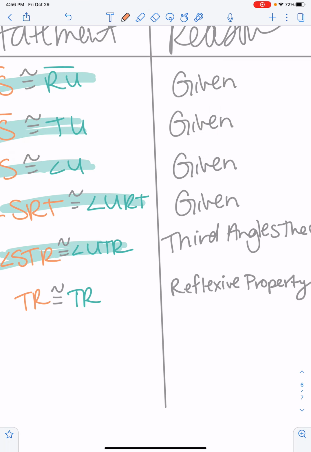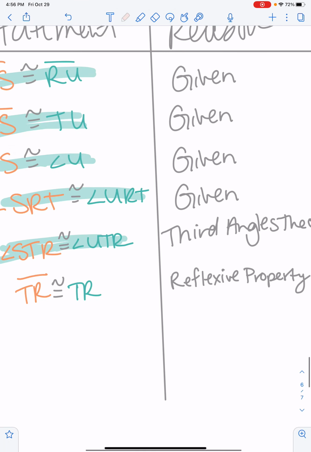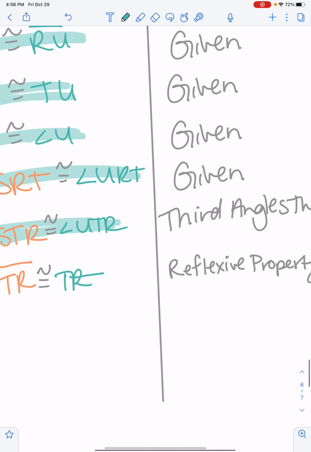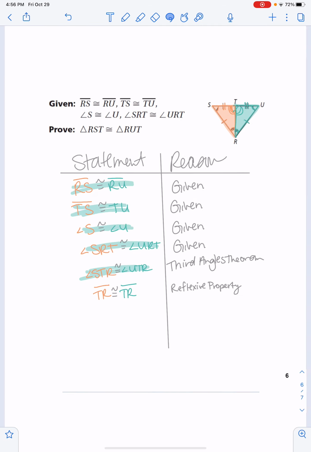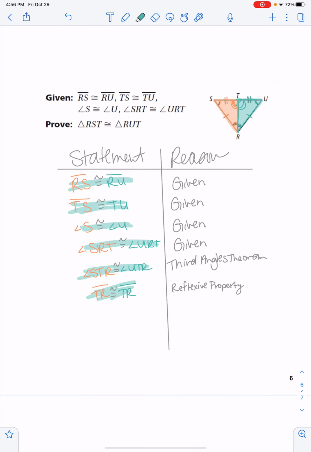So we've got this one and this one. And then we have all 6 things. We have 3 sides and 3 angles. We showed that they all matched.